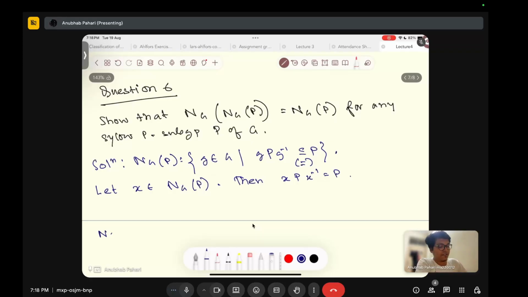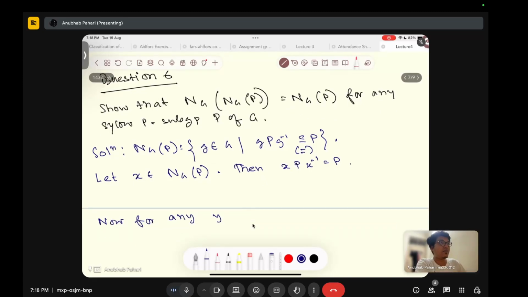Now for any small y belonging to capital N_G(P), we have x y x inverse belongs to N_G(P), right?